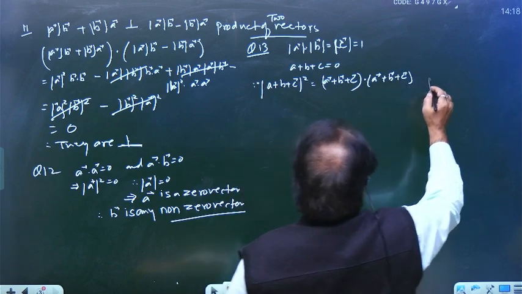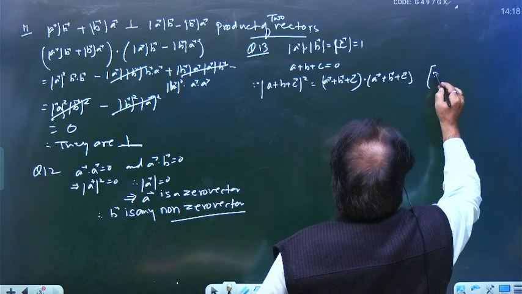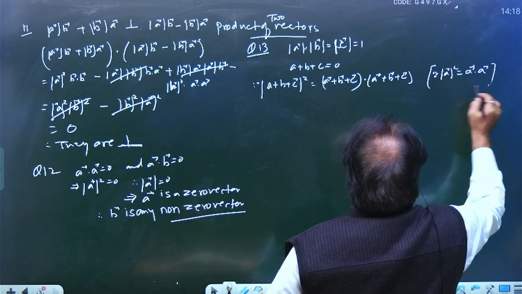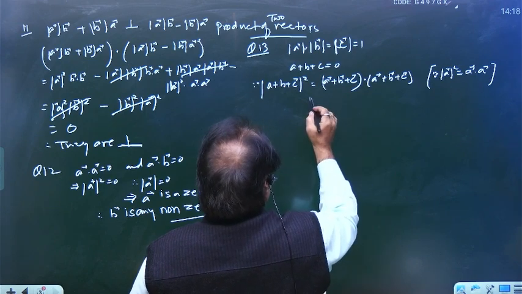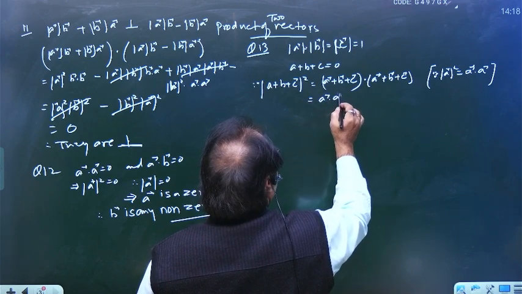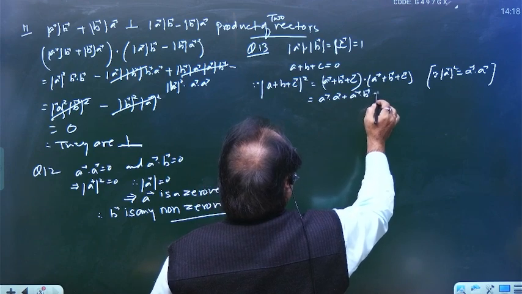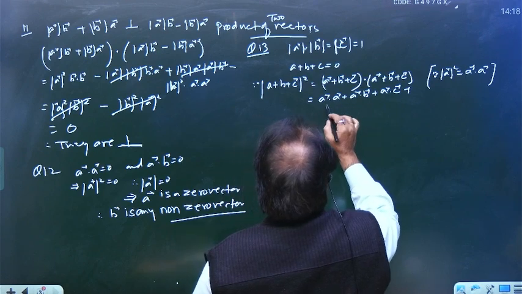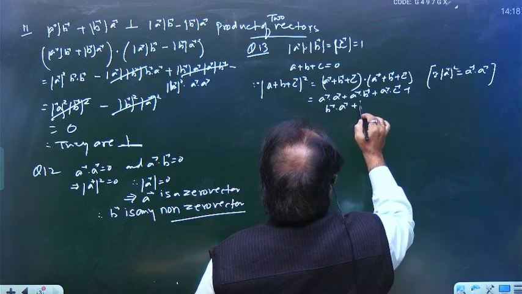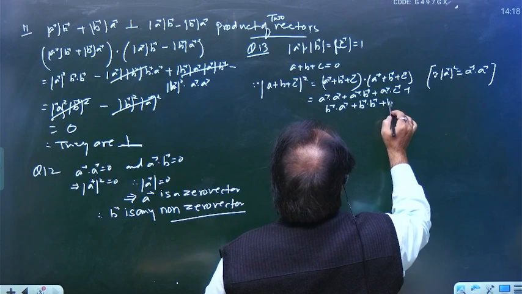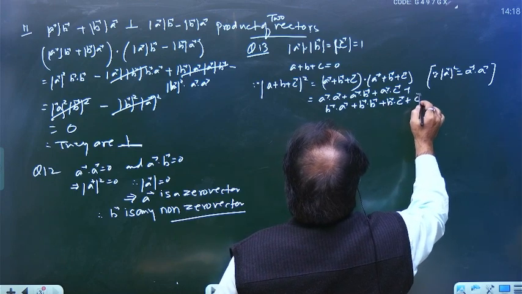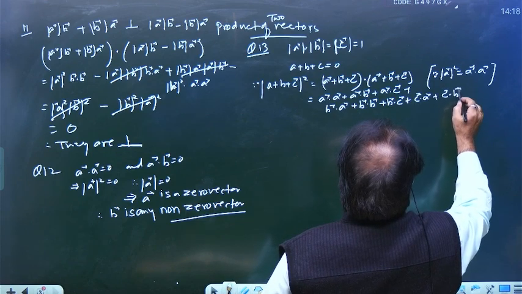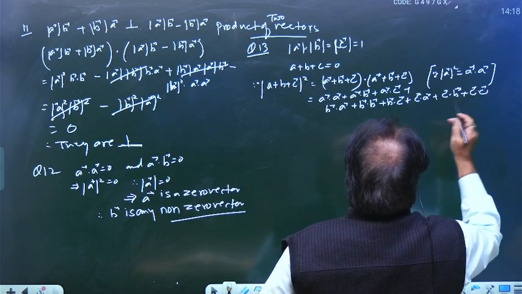We can write this since magnitude of A square can be written as A dot A. So now this is A dot A plus A dot B plus A dot C, and then plus B dot A and plus B dot B and plus B dot C, then plus C dot A, and plus C dot B and plus C dot C.